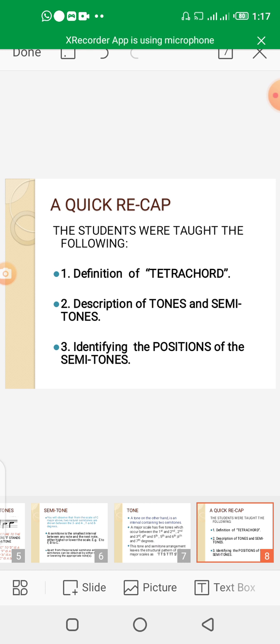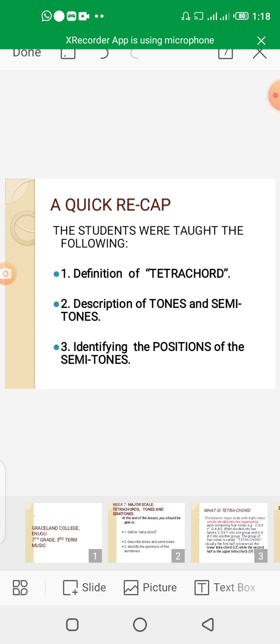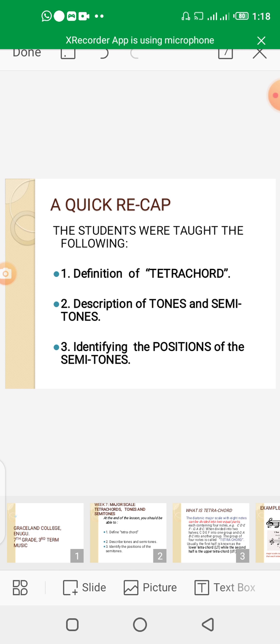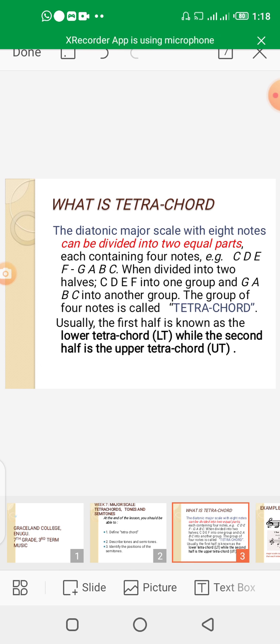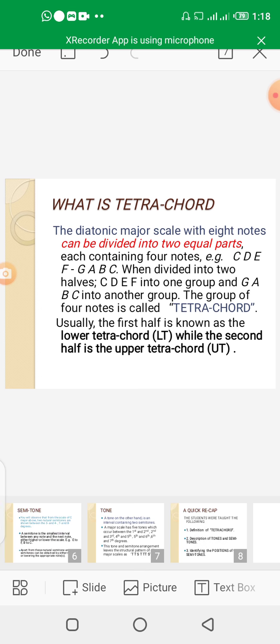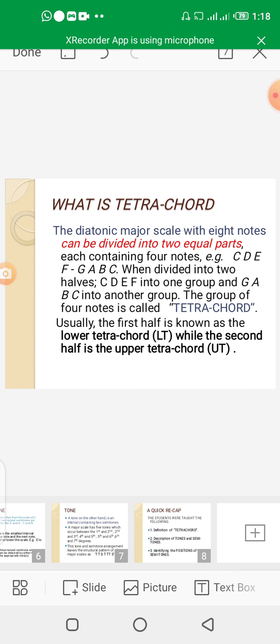Finally, a quick recap of what we've just learned today. The students were taught the following. First, the definition of a tetrachord. We said that a group of 4 notes is called a tetrachord.